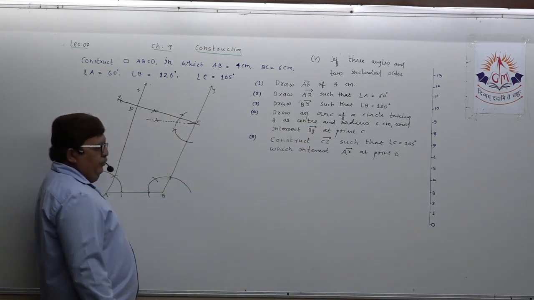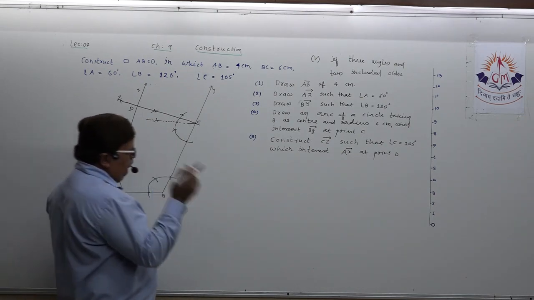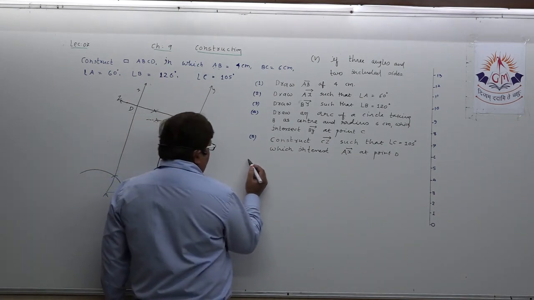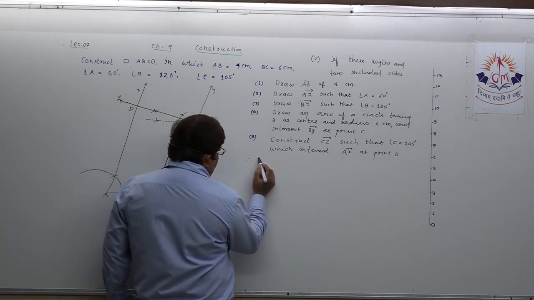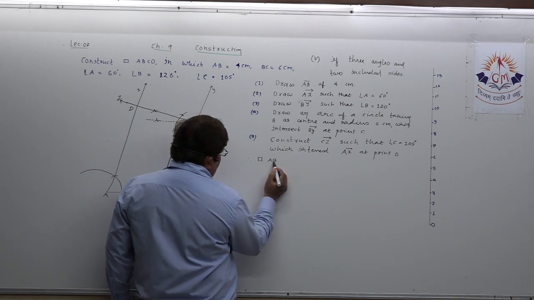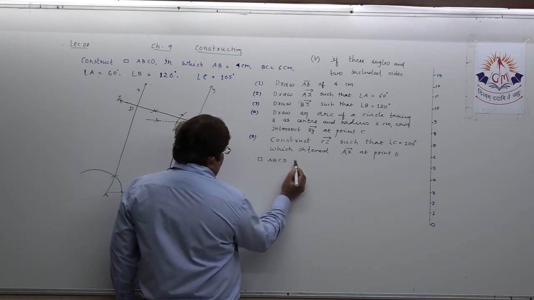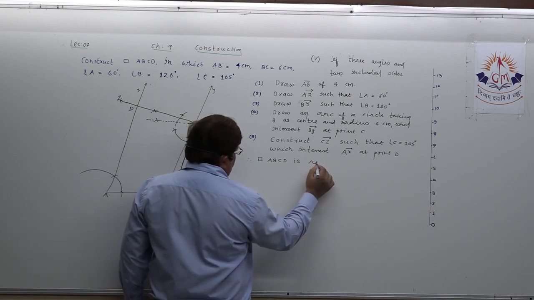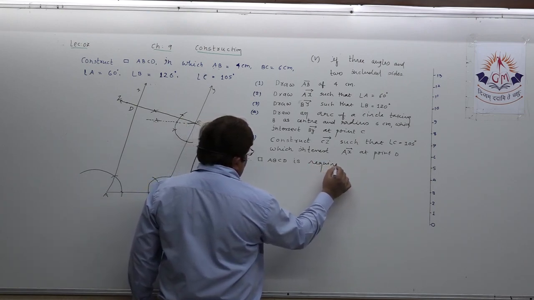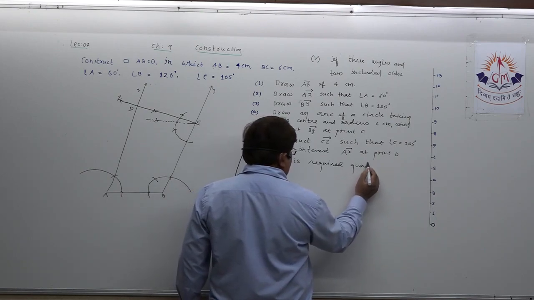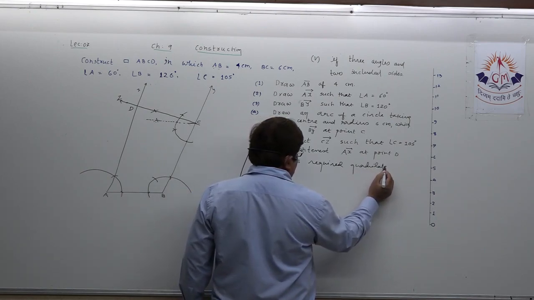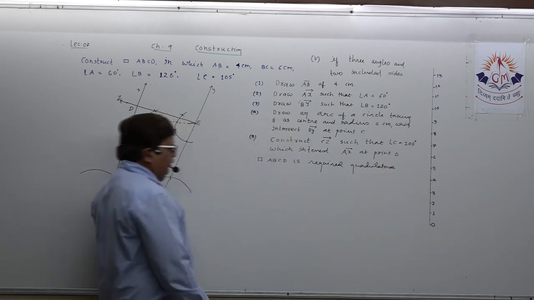So this is the way the construction has been done, and at last, as you know, the conclusive step: Therefore, quadrilateral ABCD is the required quadrilateral.